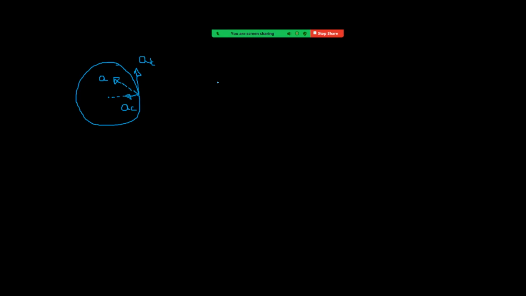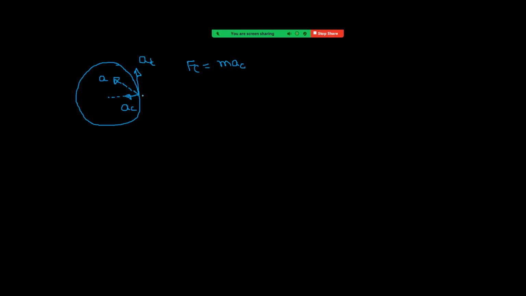If you multiply centripetal acceleration with mass, then that is the net force towards the center, which is known as centripetal force. So centripetal force equals mass into centripetal acceleration.